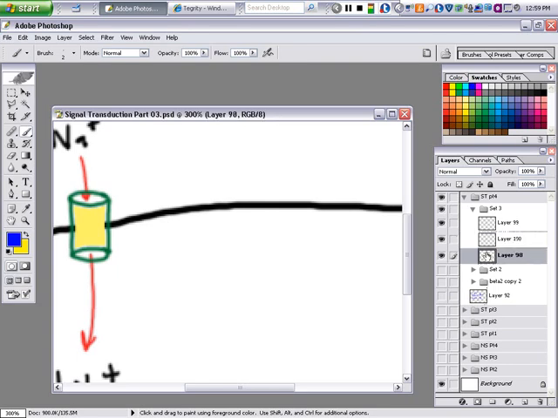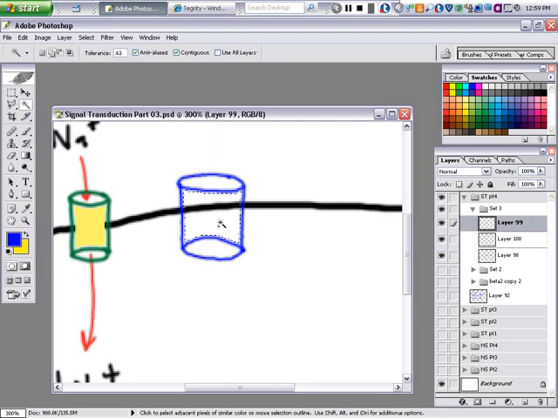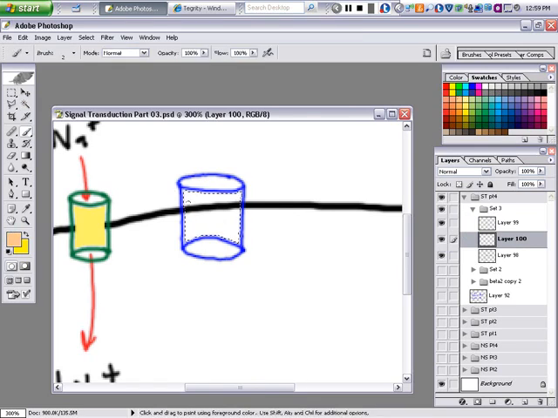Step two. There's going to be a calcium channel in the cell. Now this calcium channel is going to be called a depolarization sensitive calcium channel.